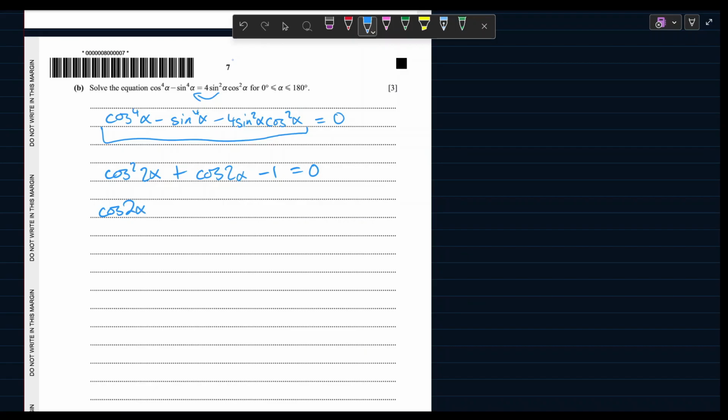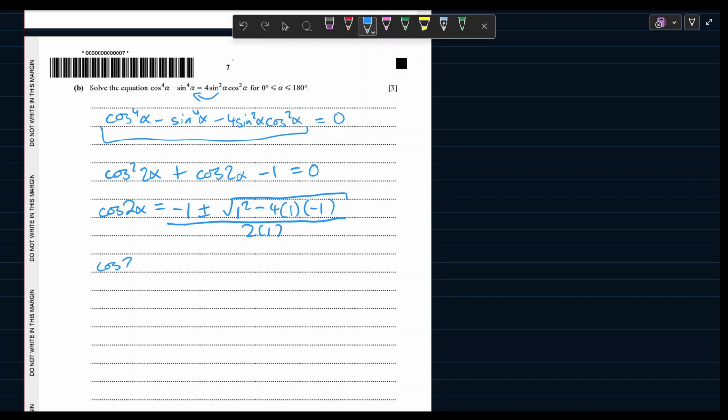This is a quadratic in cos 2 alpha. Our b is the coefficient of cos 2 alpha, so that's minus 1 plus or minus the square root of b squared, 1 squared, minus 4 times a times minus 1, and this is all over 2 times 1.